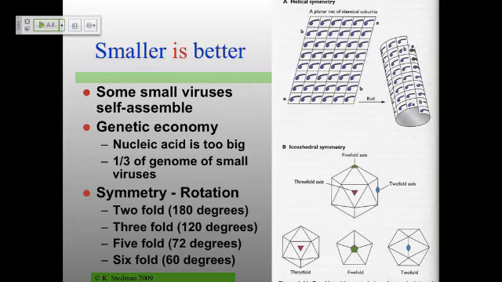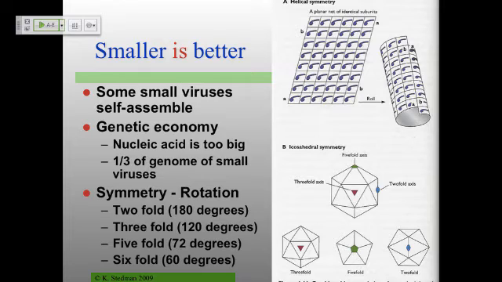Why is smaller better? Basically, because nucleic acid is just too darn big. You think about the genetic code, 3 nucleotides for 1 amino acid, and nucleotides are relatively big. So anytime that you're trying to make that bag around your nucleic acid, the bag's going to be protein, sometimes membrane, but pretty much always protein with a membrane around the outside.